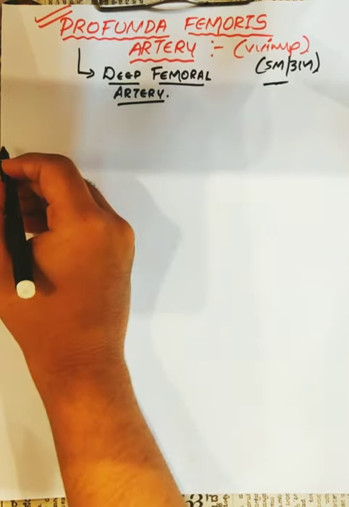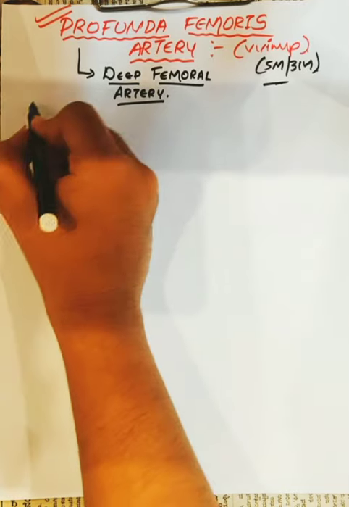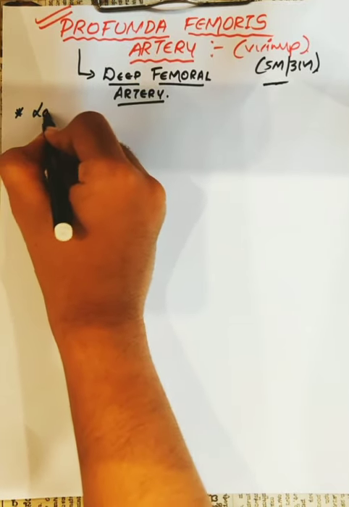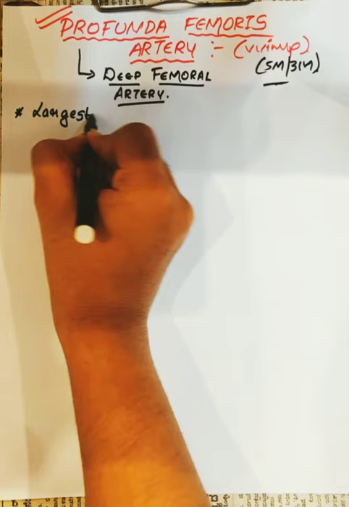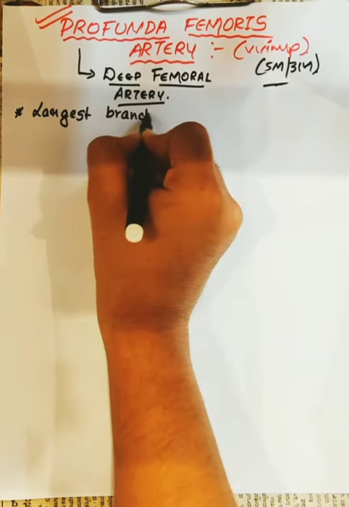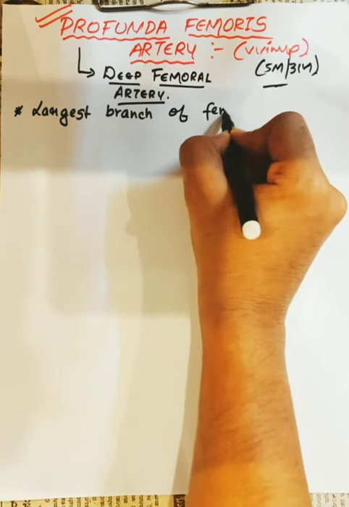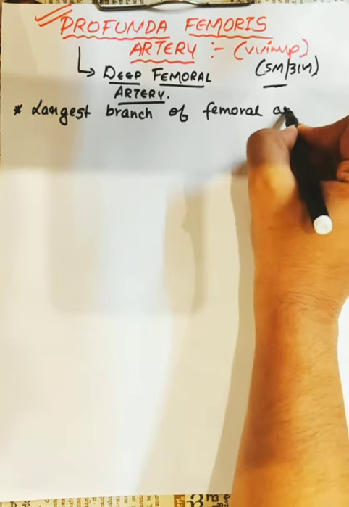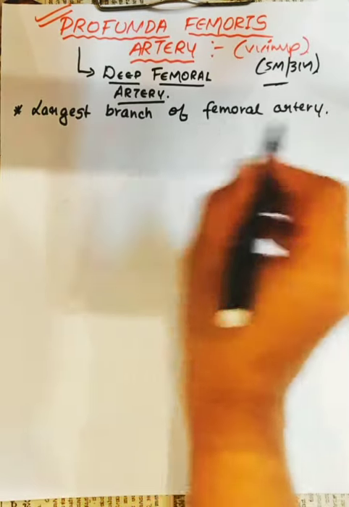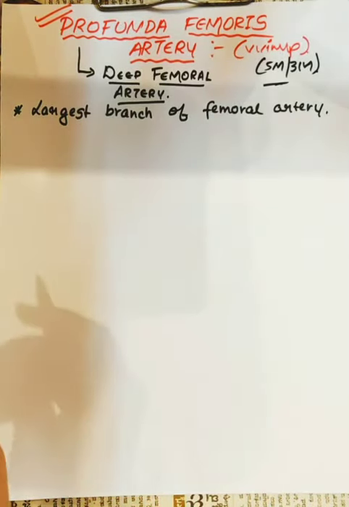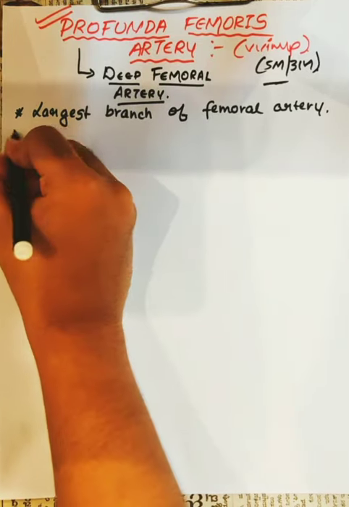So profunda femoris is one of the largest branches of the femoral artery. Remember this point. It is the chief source of blood supply to the muscles in all three compartments.